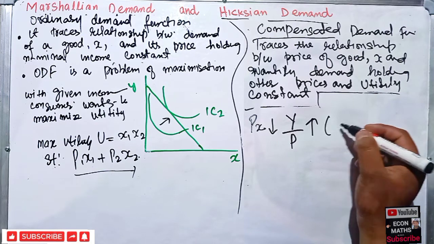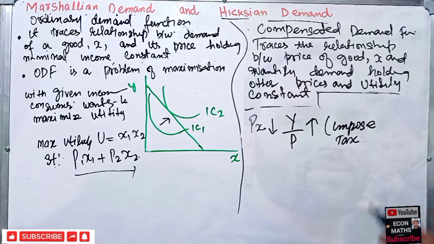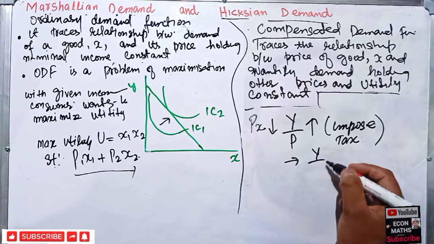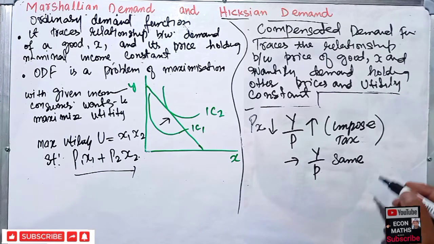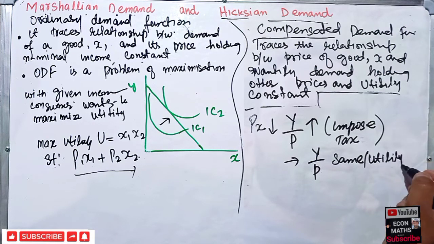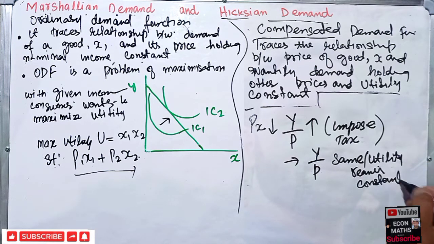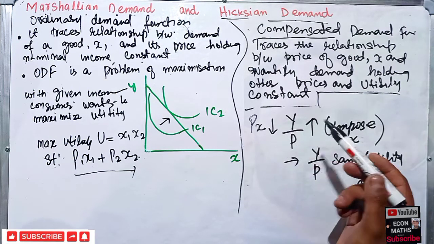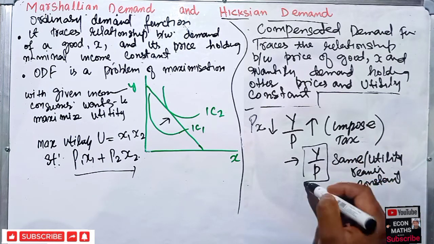In this case, we will impose a tax so that the real income y divided by p remains the same, or what we call the utility remains constant. So if the price of a good decreases, real income will increase. In this case, we will impose a tax so that we are back at the given real income.